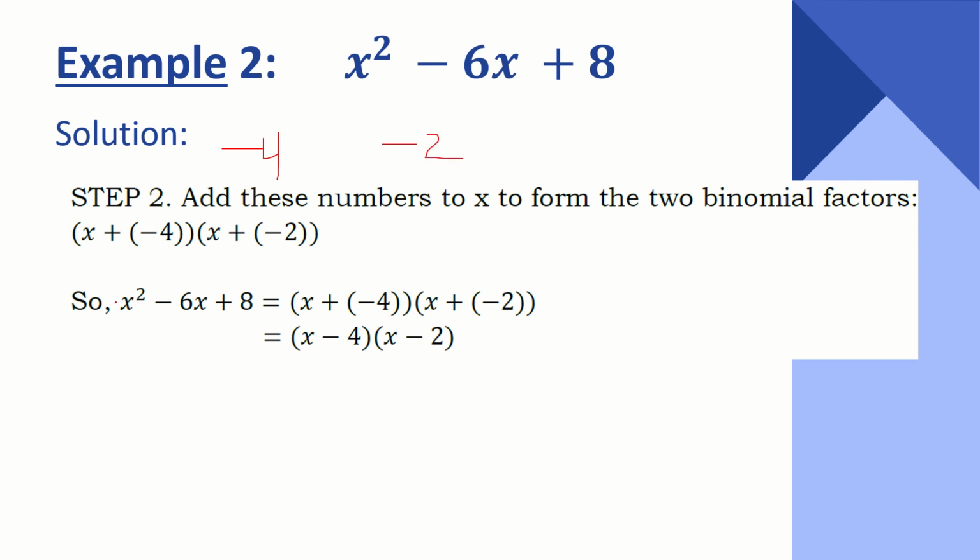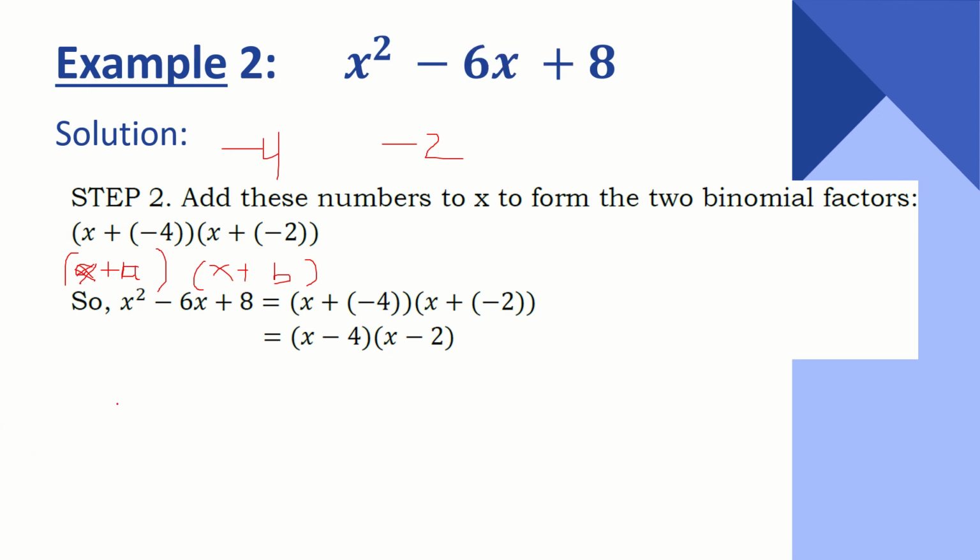So, ato lang na siyang i-substitute kay ani man ni siya yahang rule x plus a times x plus b. So now, naman tayo negative form, nag-substitute siya dire. So x plus negative 4 times x plus negative 2. Is this the final answer?